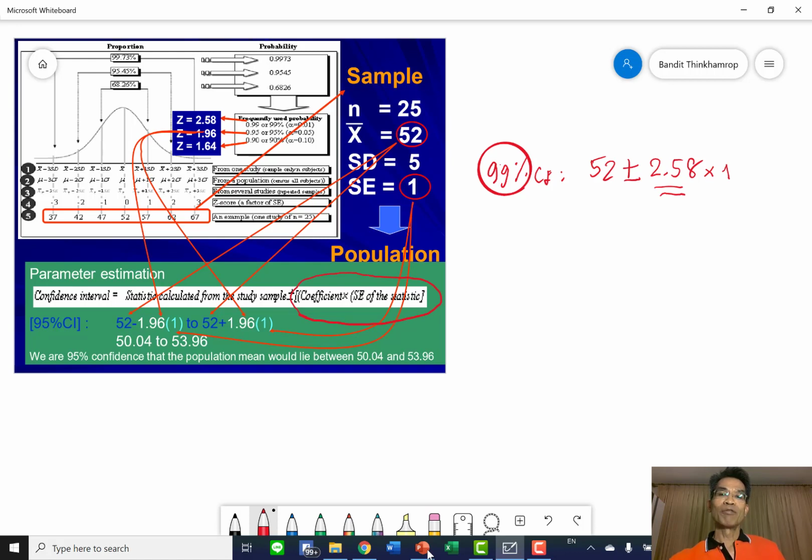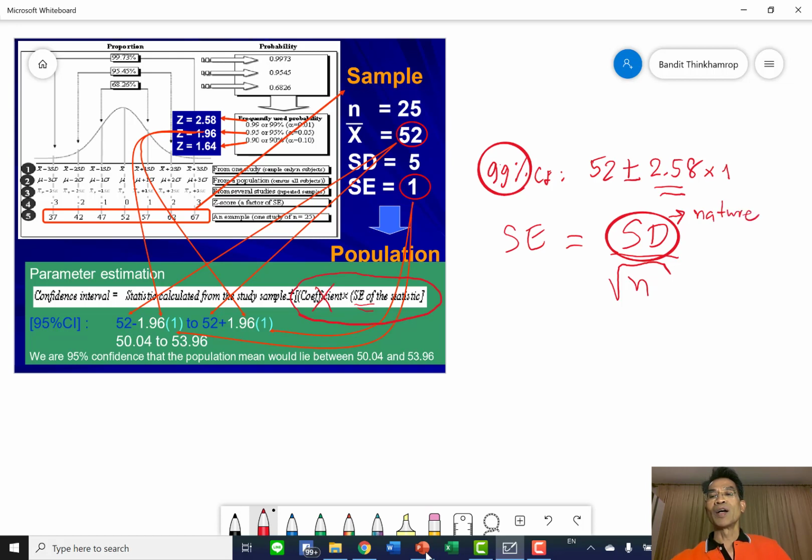Then what next? What we can play with is the standard error. We will not play with this to get a precise estimate. So how can we deal with the SE? Since we know the SE, or standard error, comes from the SD divided by square root n. This is the magnitude of variation. We cannot do anything with this because this is the nature of the data, the variability of it.